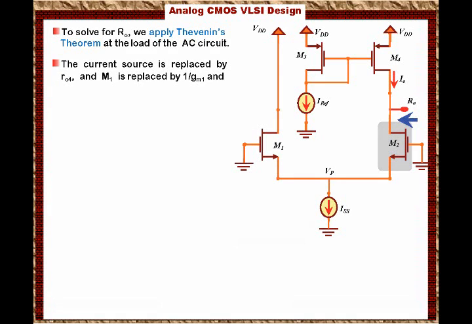That makes sense because when you look up into M4, looking into the drain, you're going to see RO4. When you look down into the drain of M2, you're going to have RO2 in series with looking into the source of M1, which is nothing but 1 over Gm1.